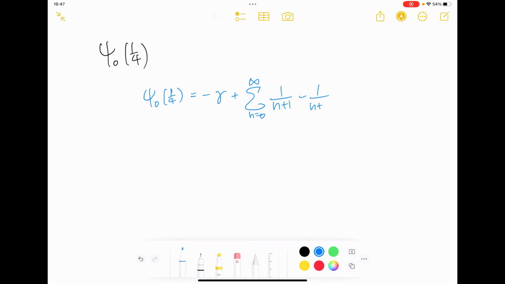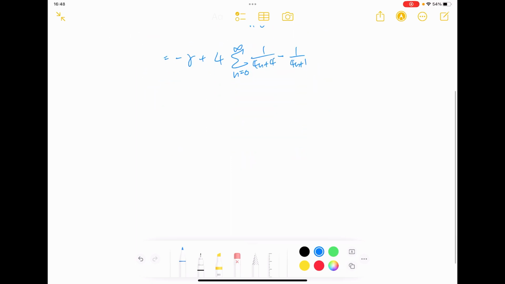So, with s equal to 1/4, what we can do to write it in a better way is multiply the sum by 4. That will make the denominators 1 over 4n plus 4 minus 1 over 4n plus 1. And how are we going to solve this?